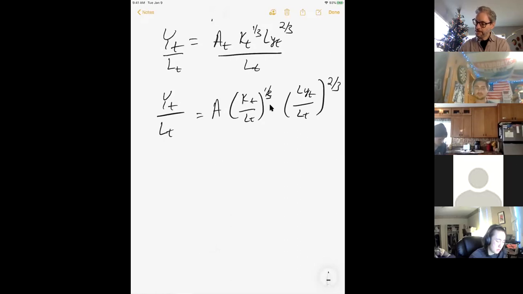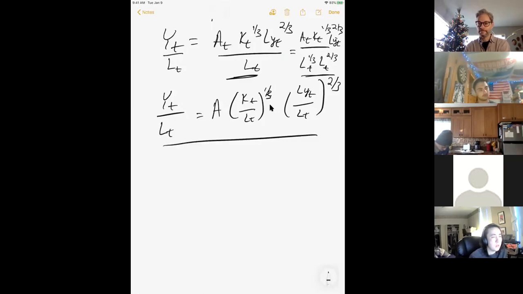Because essentially, remember, I can rewrite this like this, and then put L to the 1/3 with the K, then put L to the 2/3 with the LY, and then I get this, right?